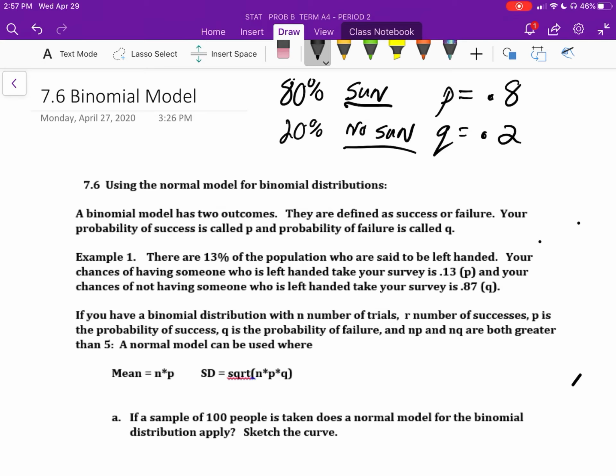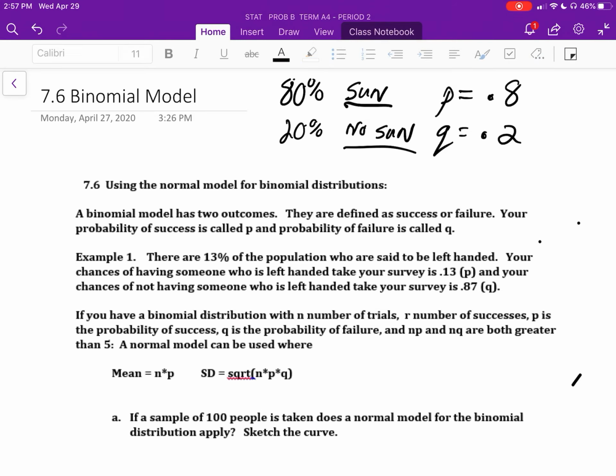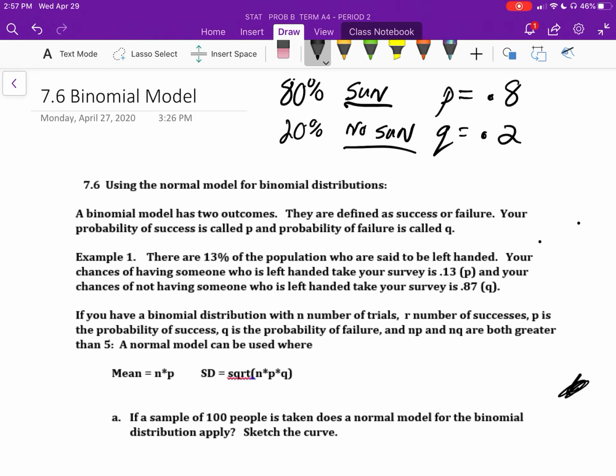And the nice thing about a binomial distribution is we can use a normal model as long as some conditions are applied. The first is n times p and n times q both have to be greater than 5. So the probability of success, they both have to be greater than 5.